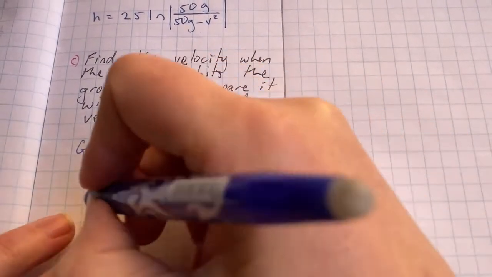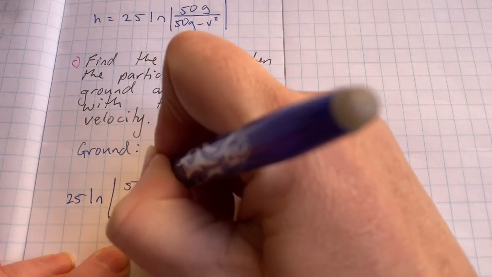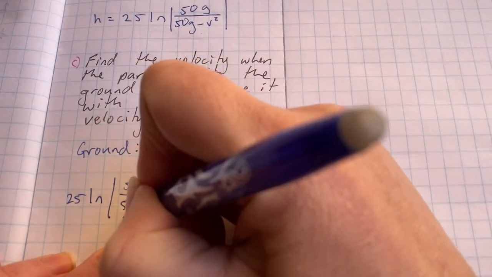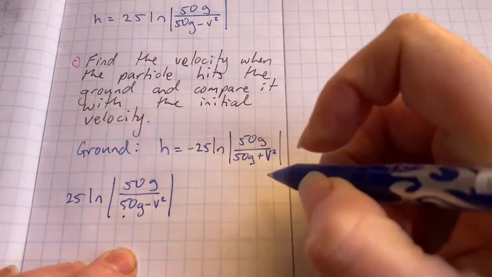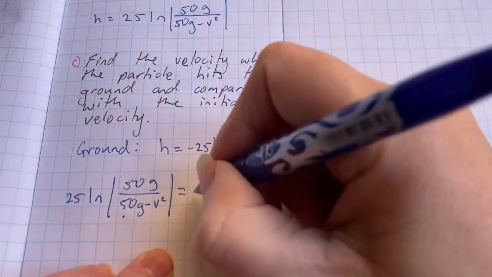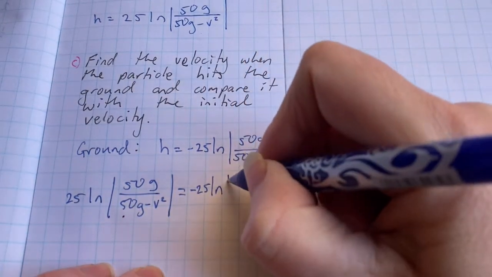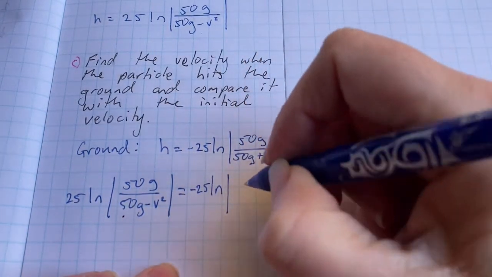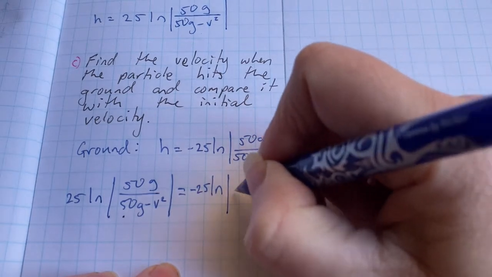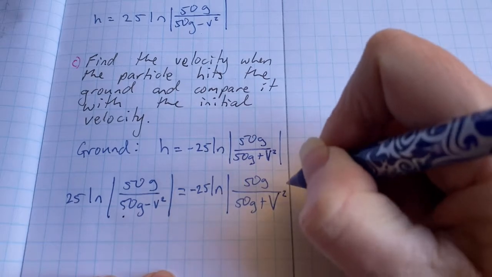So let's work that out. So 25 log of 50g over 50g minus little v squared is equal to, I realise I just said we want to know when, but it's not when, we want to know the velocity at the time that these things are equal. 50g over 50g plus capital V squared.